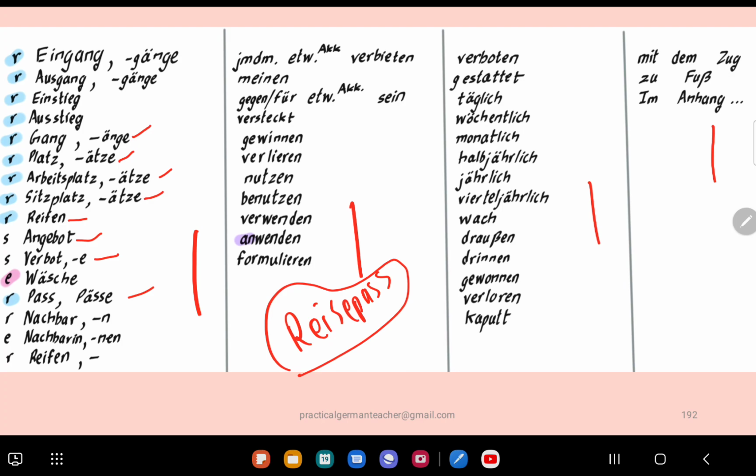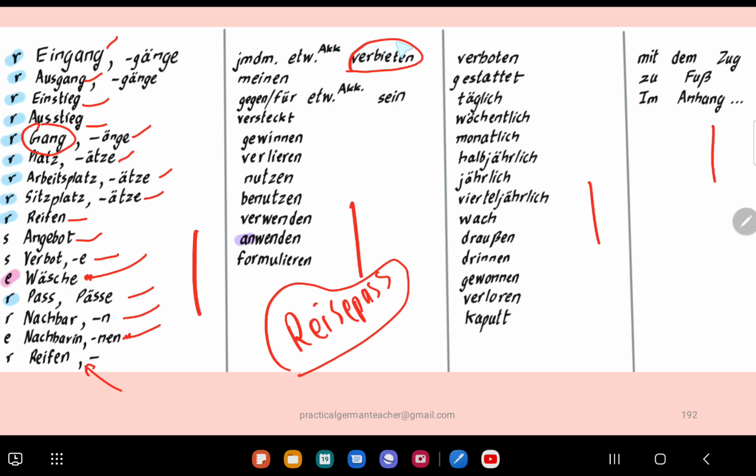So like 5-course meals, 7-course meals, or maybe in India a 52-course meal. So it can mean 2 things: one is floor, passage, or the other one is courses of a meal. Eingang, entry, Einstieg again, entry, Ausstieg and Ausgang, they both mean exit. Wäsche means laundry. Nachbar, neighbor, and Nachbarin is also neighbor but female neighbor. Reifen is tires.